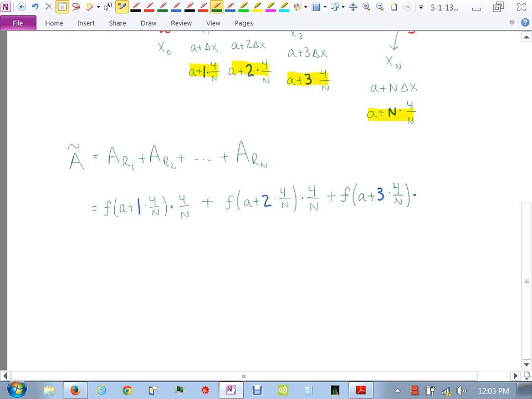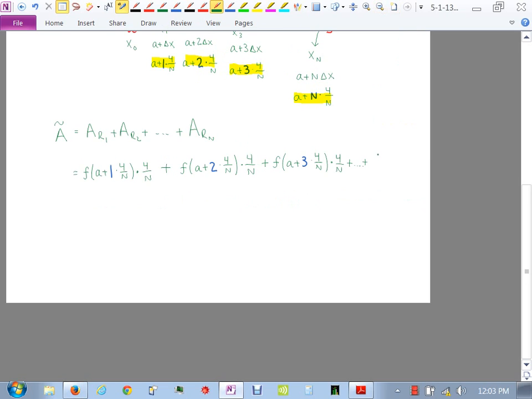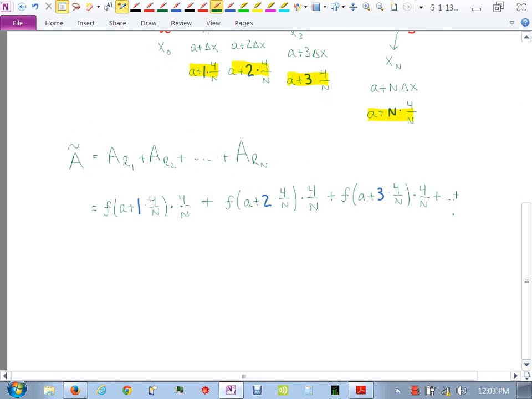All of that times 4 over n. Now plus dot dot dot. What would the last rectangle be? I'm going to run out of room. I'm going to just go down a little bit here. F of a plus n times 4 over n times 4 over n.